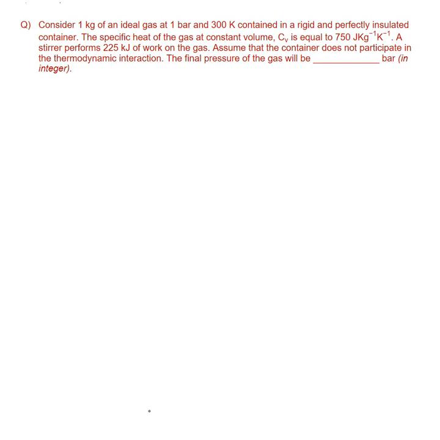Let's solve this numerical. Let us first consider the container as per the question. This is a container which consists of an ideal gas. This container is perfectly insulated from all the sides. It is given here.